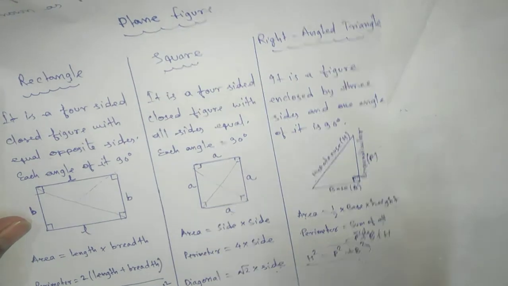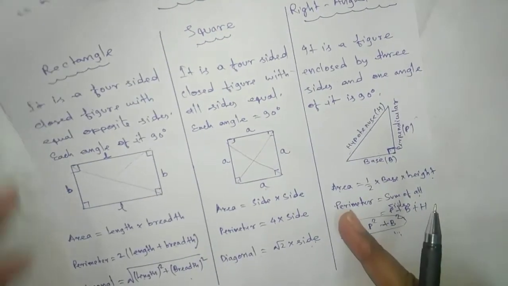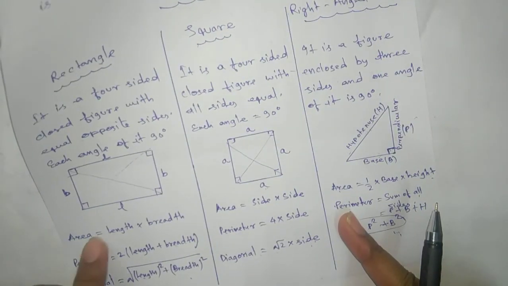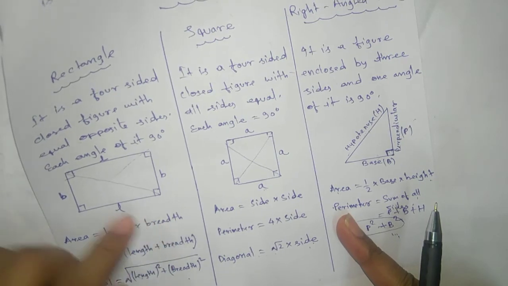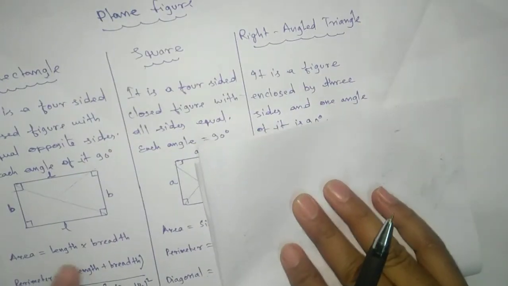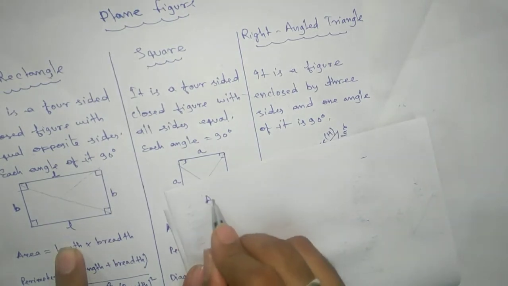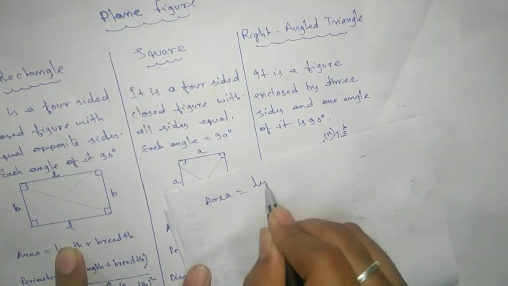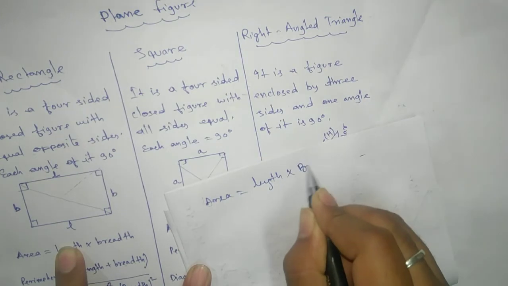Okay, let's discuss one more topic here. From this formula, area equals to length into breadth, we can find more formulas. Let's see how to derive other formulas from this figure, or we can say from this problem. So area equals to length into breadth.